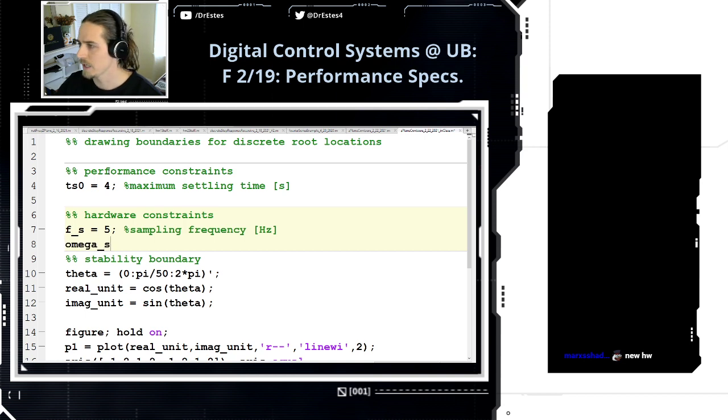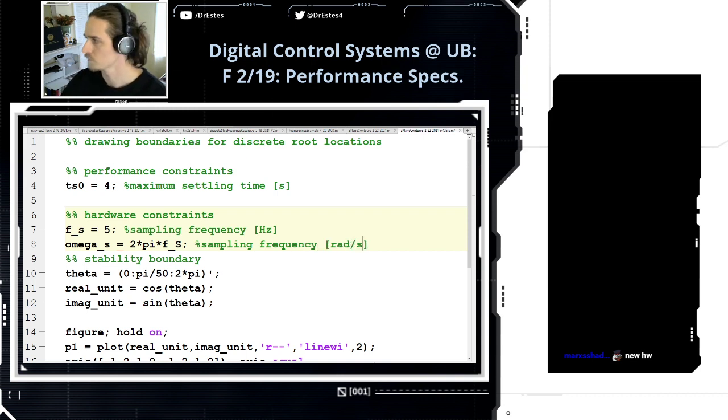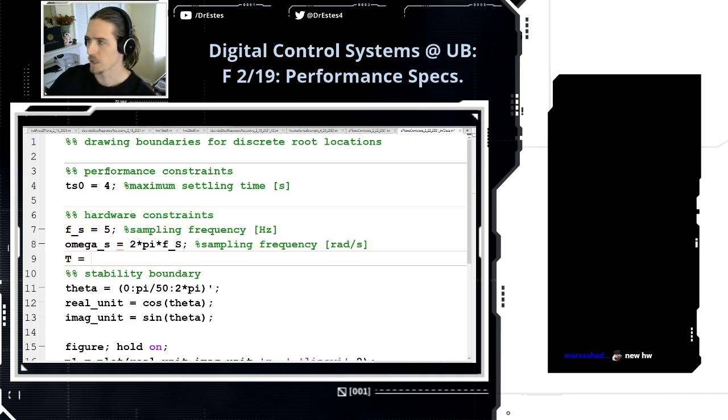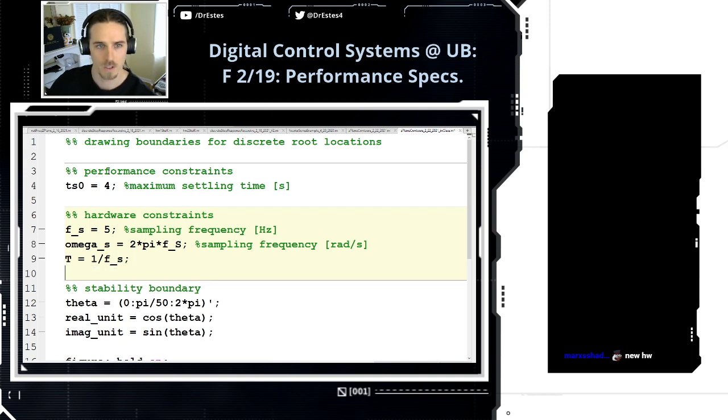Just so we have this on hand, because I think I'm going to use this later, let's convert it to radians per second as well. So sampling frequency, radians per second. Okay, and then this is the variable we need at this present moment. We need the sampling period, which is 1 divided by the sampling frequency. And this will be in seconds, because we specified the sampling frequency in hertz.